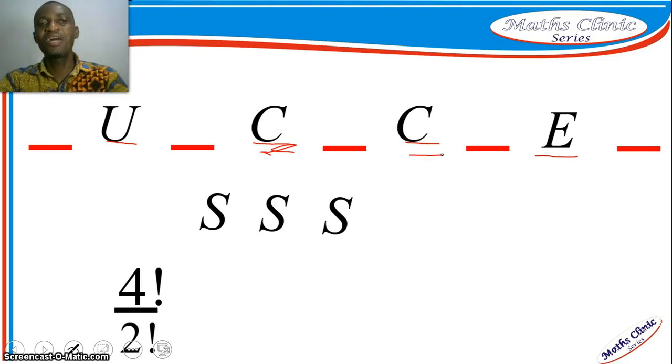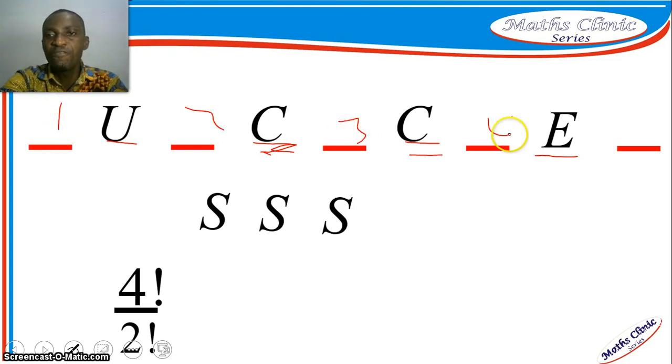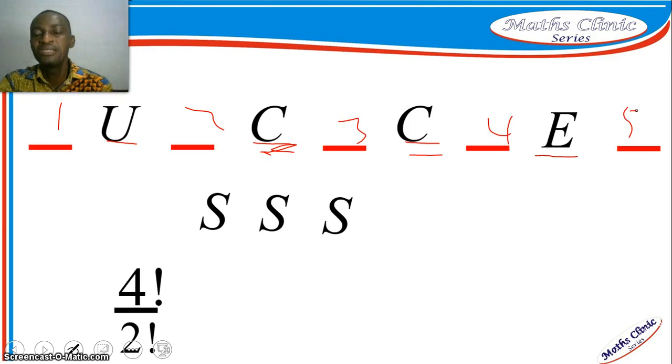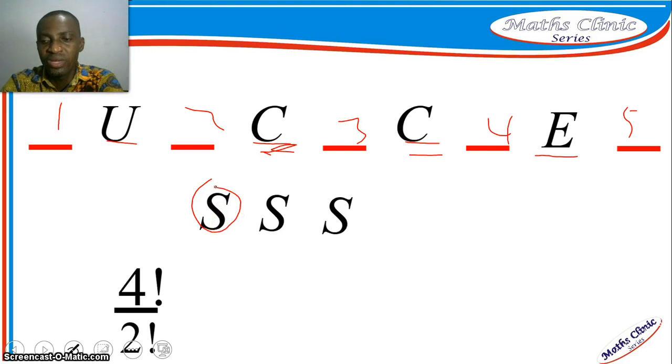Then after arranging UCCE, you have 1, 2, 3, 4, 5 different spaces for the remaining 3. Now, any of these can be positioned in 5 different ways. So I multiply that by 5 ways.